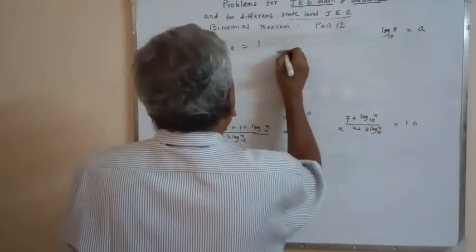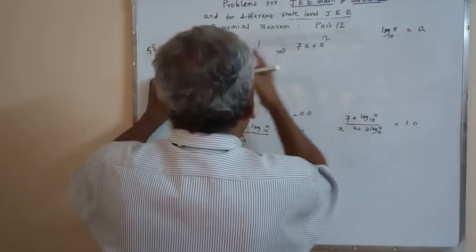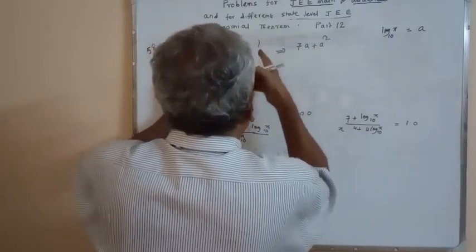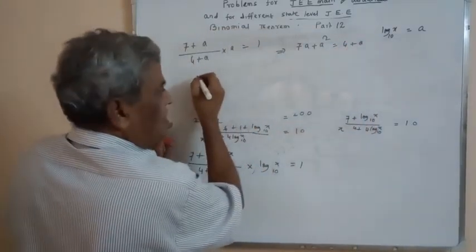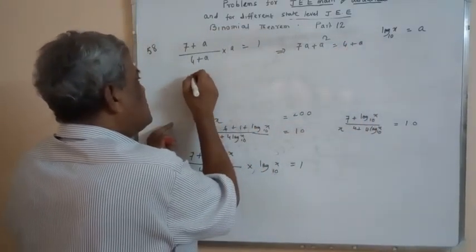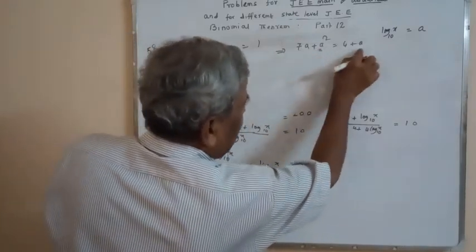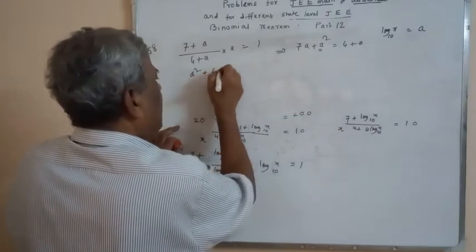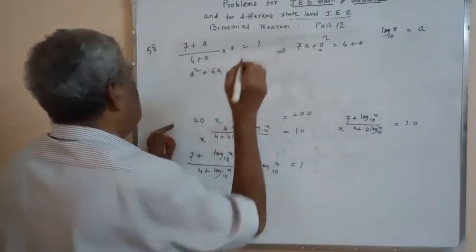So that 7a plus a square is equal to 4 plus a, that is 6, that is a square, this one. Taken together, a square plus 6a minus 4 is equal to 0.